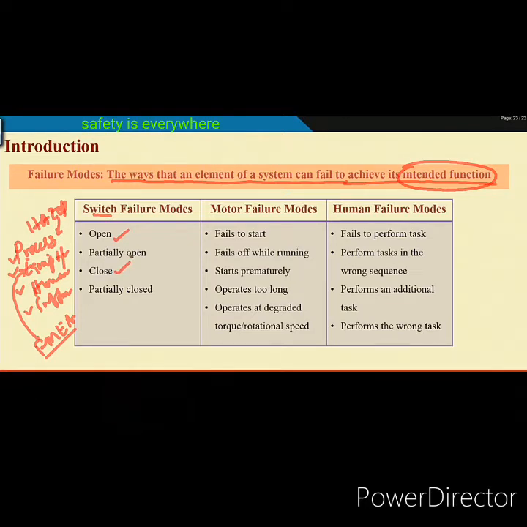Similarly, something may be partially open or partially closed, and maybe you can add more here. A motor fails to start, fails off while running, starts prematurely, operates too long, or operates at degraded torque or rotational speed. These are the motor failure modes. For a pump, the failure modes will be similar, because a pump itself is also a motor.